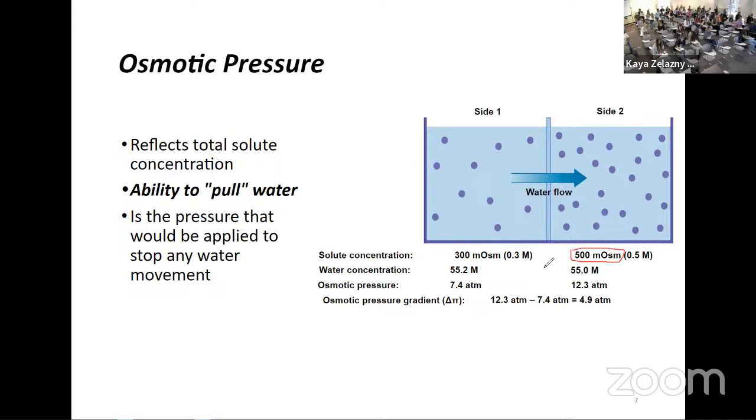So you can see here the solute concentration, the osmolarity on the right, it's 500 milliosmoles. Compared to on side one, we have a lower solute concentration, a lower osmolarity, 300 milliosmoles. So you can see that the water is flowing towards that higher solute concentration, towards that higher osmolarity.